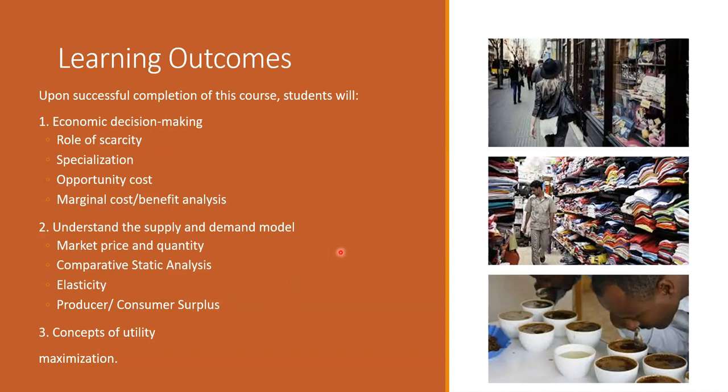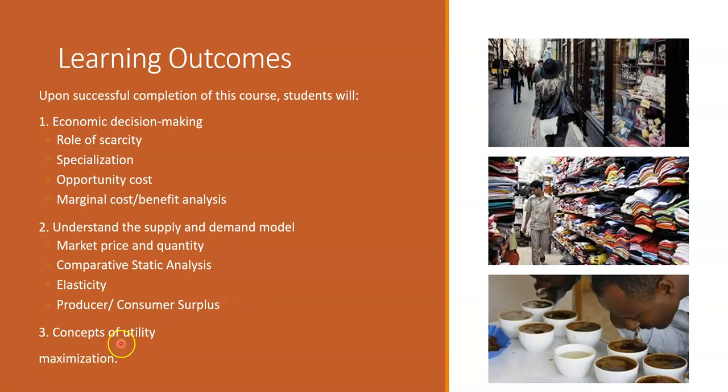So here are the learning outcomes as identified by your syllabus. You need to understand economic decision making, and of course that includes scarcity, specialization, opportunity cost, marginal cost, and benefit. You need to understand the supply and demand model, inside out, market price and quantity, comparative static analysis, the elasticity concepts, and the concept of producer and consumer surplus.